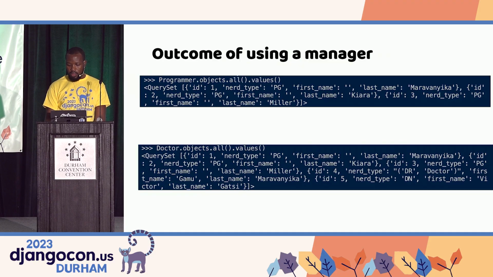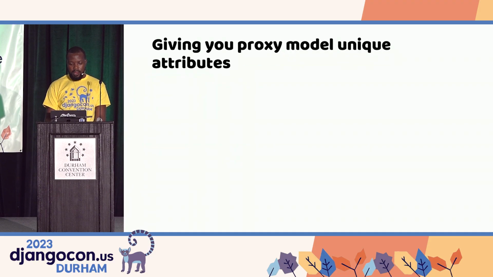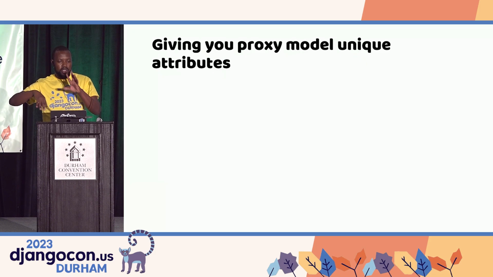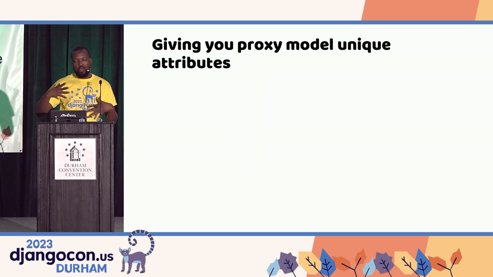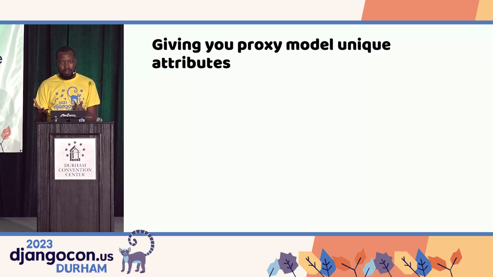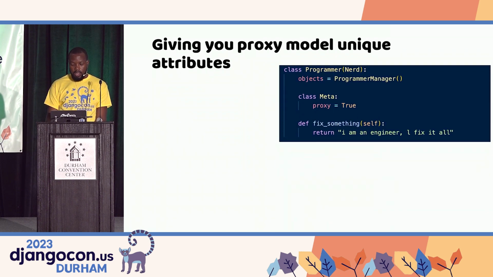Okay. So now we have separate things. We now have programmers, we now have doctors, but we would want to give them certain attributes that are different from each other. So you see what I'm talking about in a minute. In the programmer model, we want them to have the ability to be engineers and fix everything.